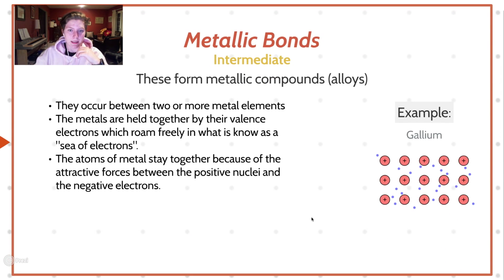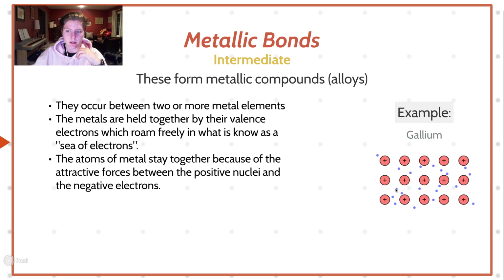And now we've got metallic bonds. They form metallic compounds or alloys, occur between two or more metal elements, so it's going to be all metals. The metals are held together by their valence electrons, which roam freely in what is known as a sea of electrons. So there's no electron transfer going on or no sharing of electrons.